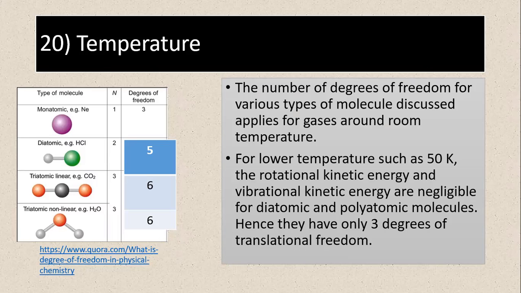Low temperature, they don't come in for the atomic and polyatomic molecule. Hence, they have only 3 degrees of translational freedom. 50 Kelvin is below 0 degrees Celsius. So they only have translational for all types of molecule, whether monoatomic, diatomic, or polyatomic.